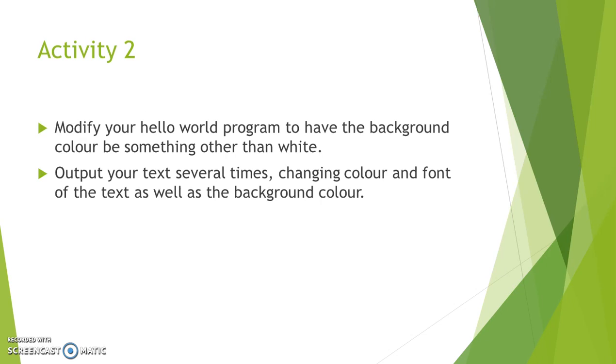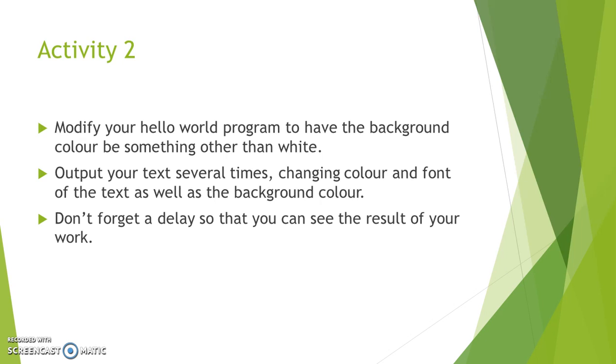Change the color, change the font, change the size, change the location of the text, and get a feel for those things. And you'll have a lot more control over your program and how it works. And if you are using the clear screen command, the CLS command, be sure to insert a delay so that you can see the results of your various designs.